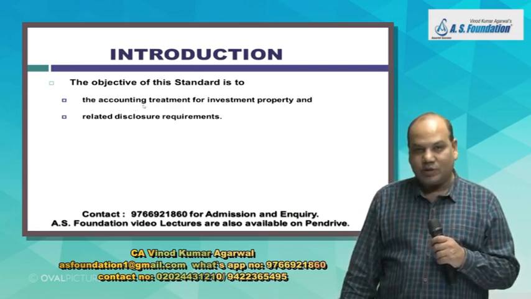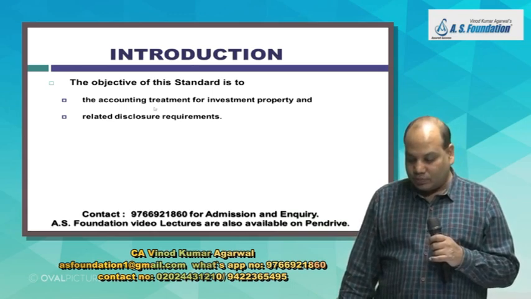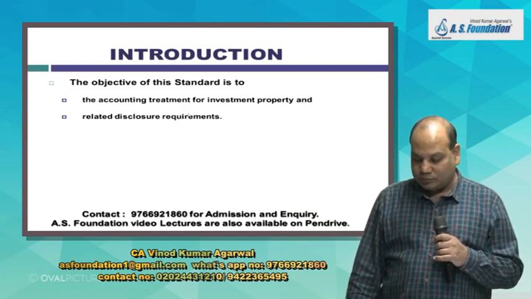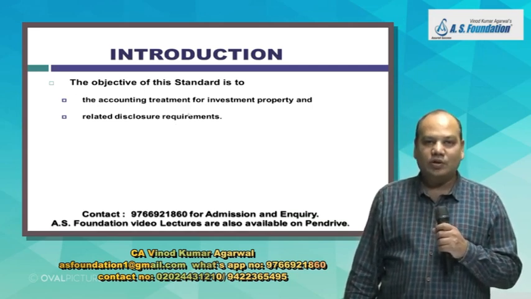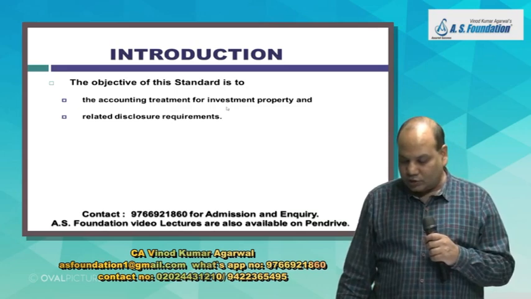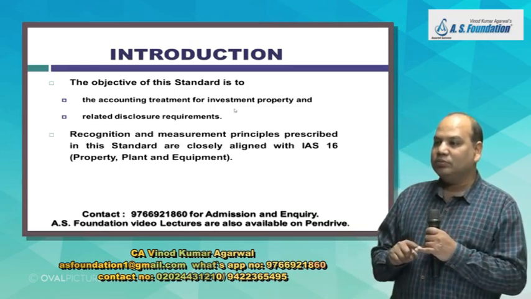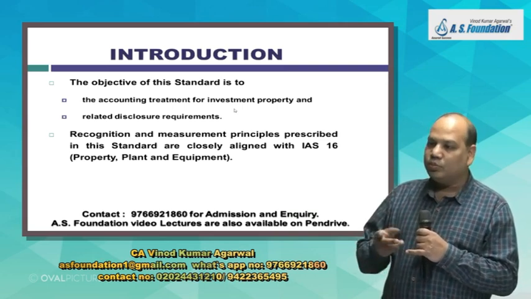The objective of the standard is to prescribe the accounting treatment for investment property and the related disclosure requirement. Investment property means the investment in land or building or both.